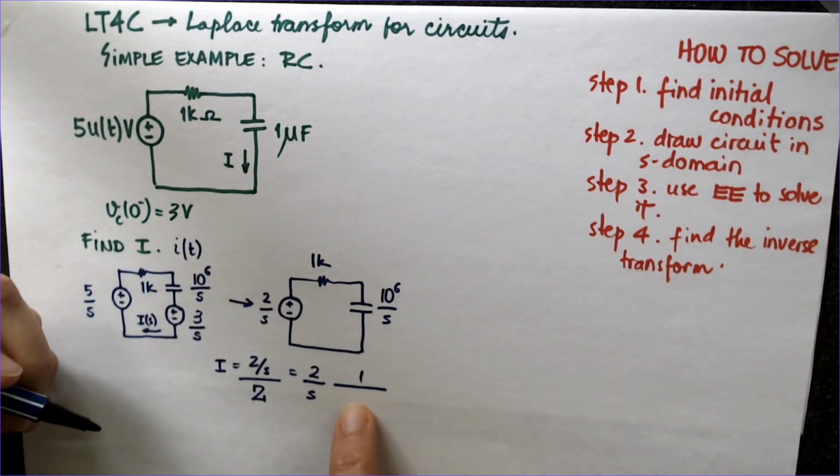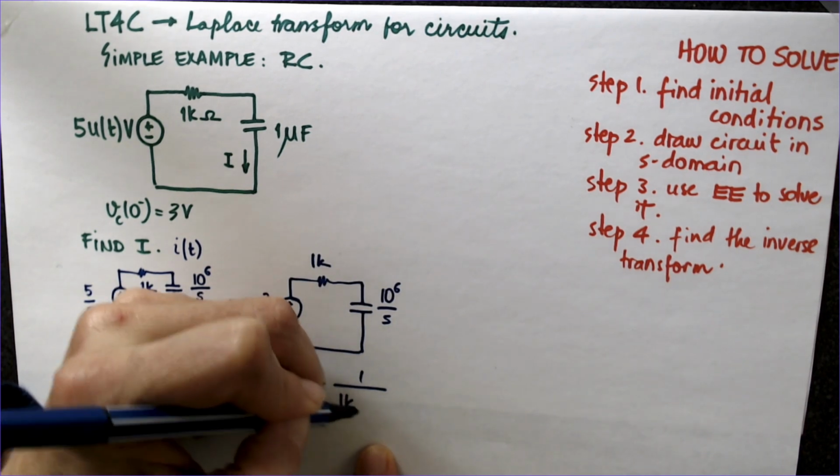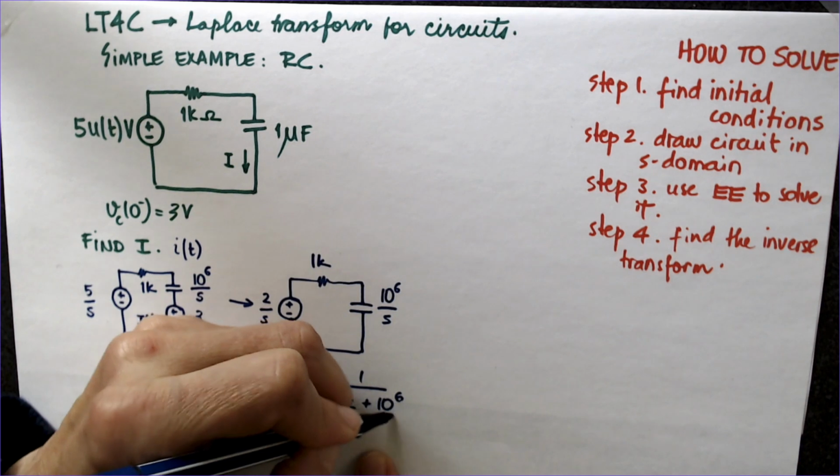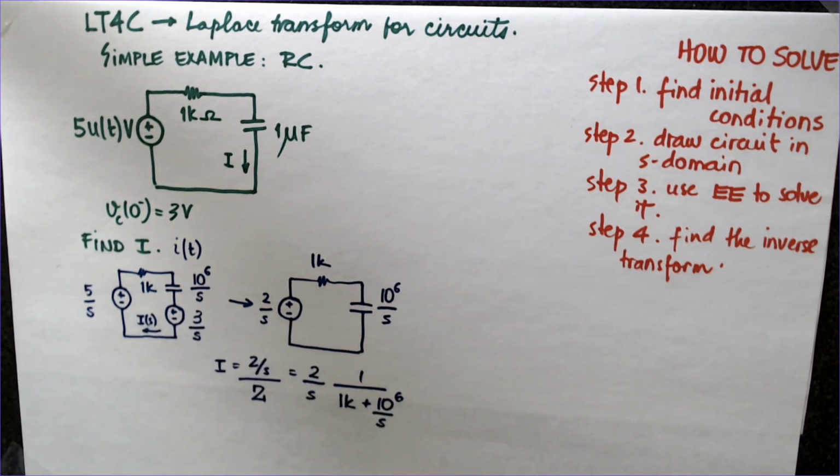And I'm going to take a shortcut here. Instead of cutting the S's and multiplying S by 1K, and then these 2 S's cut, I'm going to just divide the 2 by the 1K to actually have S with a coefficient of 1.